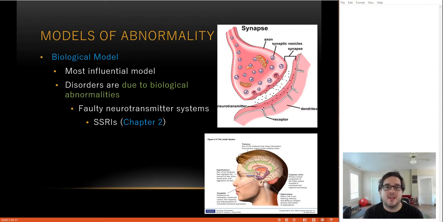So if you start taking SSRIs, which are one of the most common types of medication for anxiety disorders, this is what it's doing to you. These tend to be the safest and the most reliable, with the least number of side effects, because it's using the natural serotonin that you already create. You're not receiving some kind of artificial serotonin. It is simply causing your naturally produced serotonin to remain in that synapse for a longer period of time.